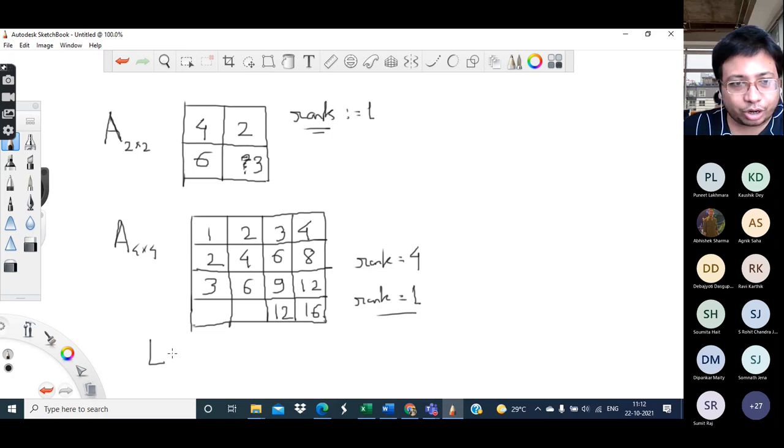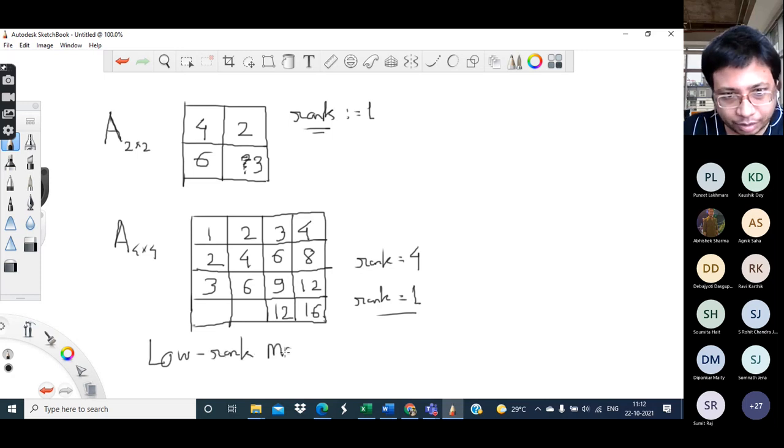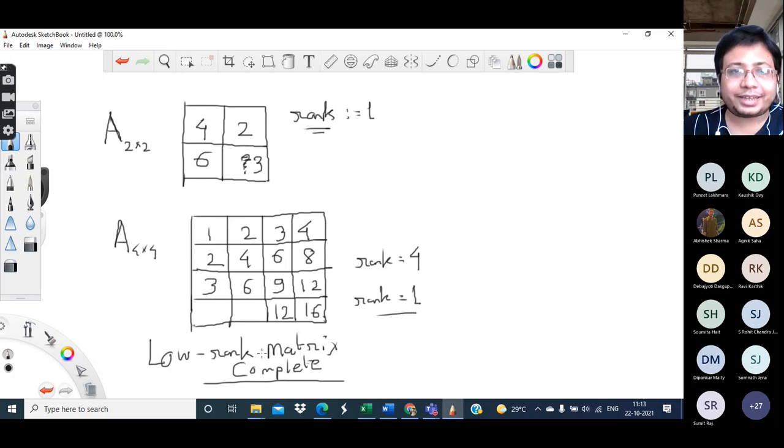This is known as low rank matrix completion. That is, we are given an incomplete matrix which we need to complete. If we do not know anything about the matrix, obviously I will not be able to complete it. But if I know that the matrix has low rank, then I may be able to solve it. Especially if I know that the matrix has rank 1, then I may be able to solve it exactly.